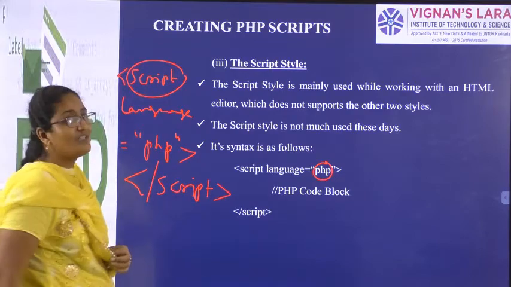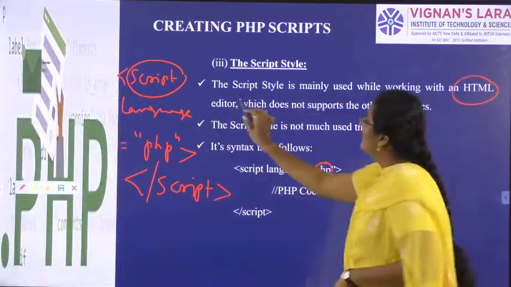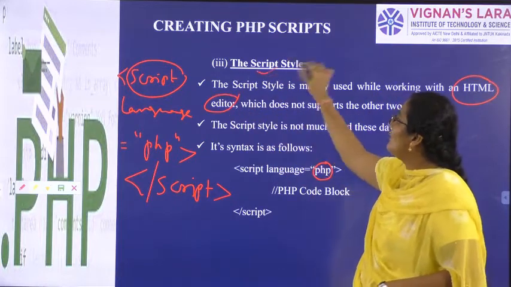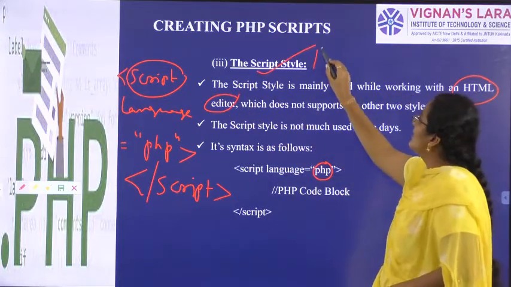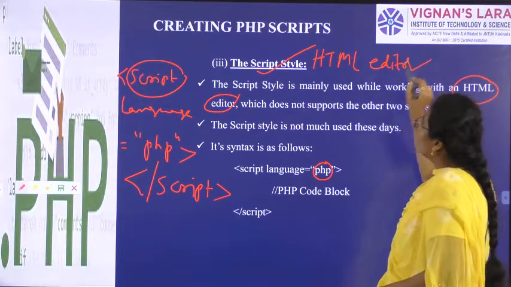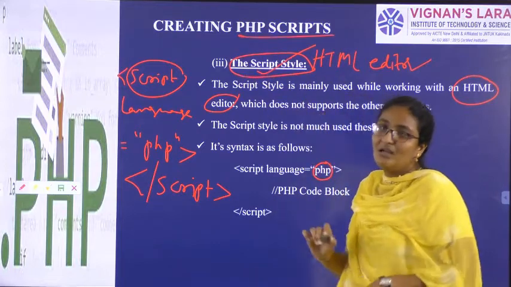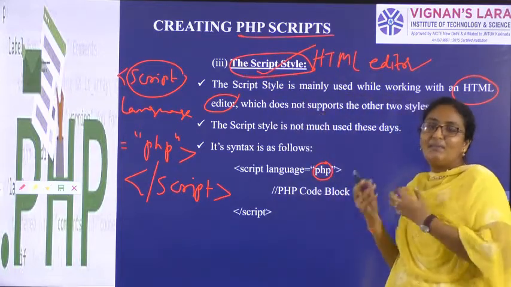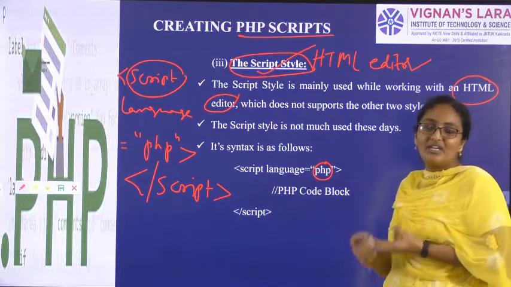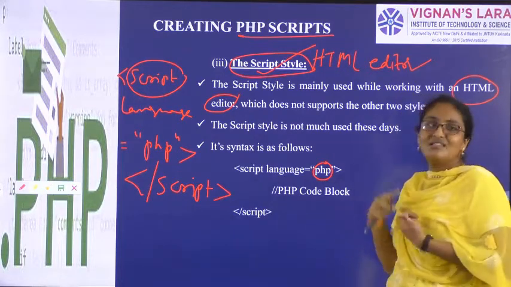Script style is mainly used while working with an HTML editor. So when we work with an HTML editor, we are going to use the script style of generating PHP scripts. We have three different ways for generating PHP scripts, and in that, the second one is script style.